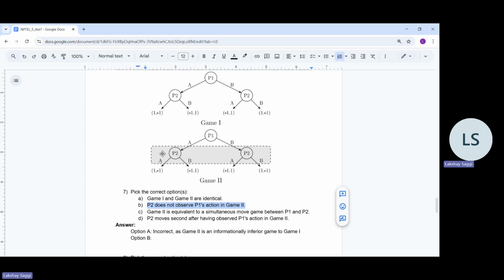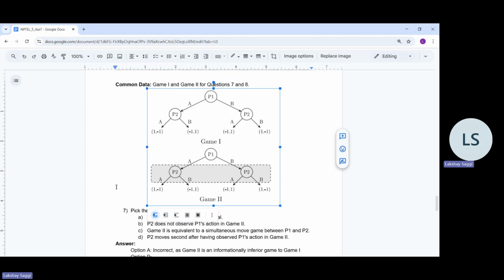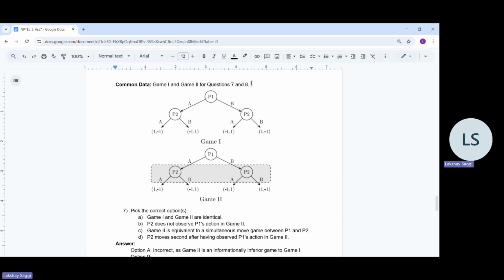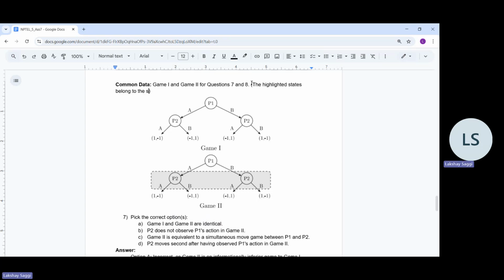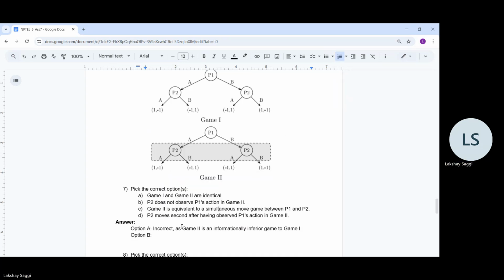Maybe I should just mention here that the highlighted states belong to the same information set. This might be confusing, like what does this correspond to? So these two states correspond to the same information set in game two.